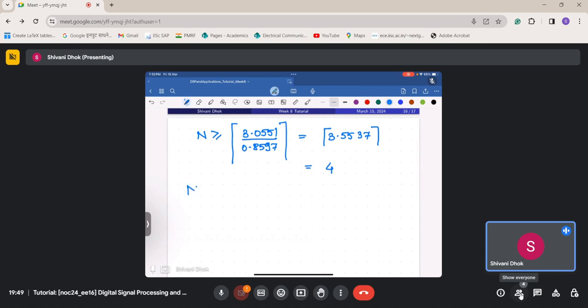So the minimum possible order is equal to 4. Is it clear? Any questions here?